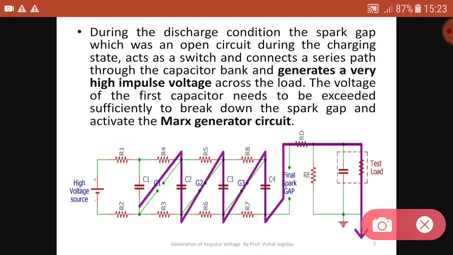So by triggering the spark gaps, we can connect all the capacitors in series, and then the output voltage is a multiple of the capacitor voltages.